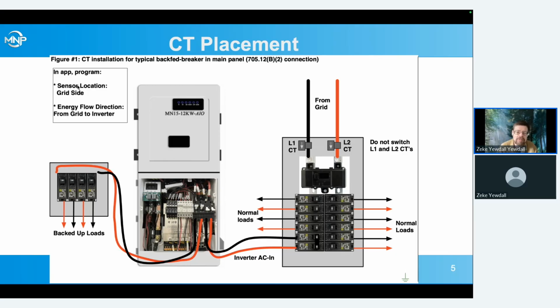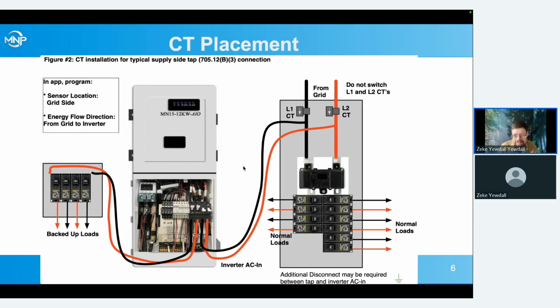But in programming, we want to program it to grid side for the sensor location and set it to energy flow direction from grid to inverter. That's the direction these arrows are pointing here. This is our preferred connection, but we get a lot of interconnection setups that are a little bit different.